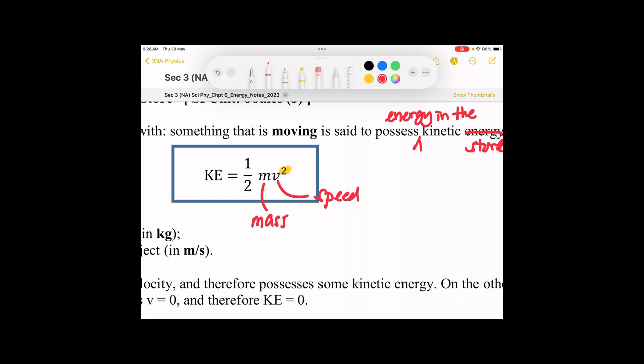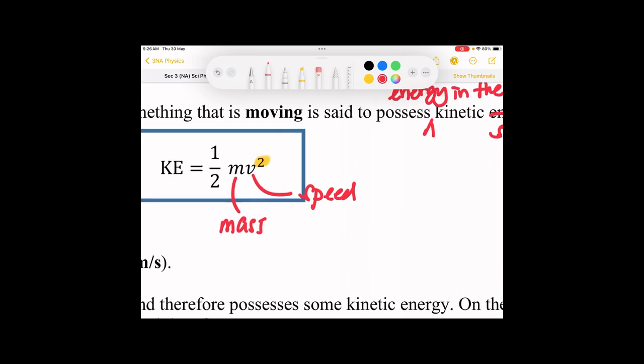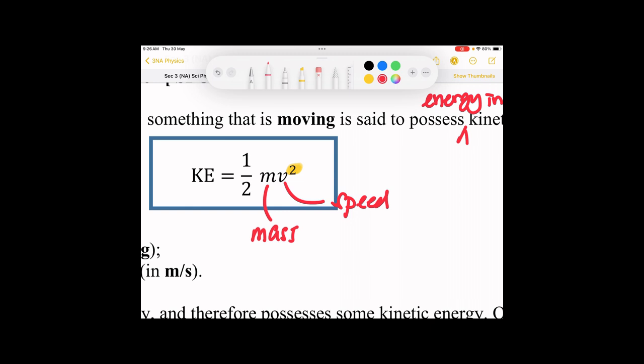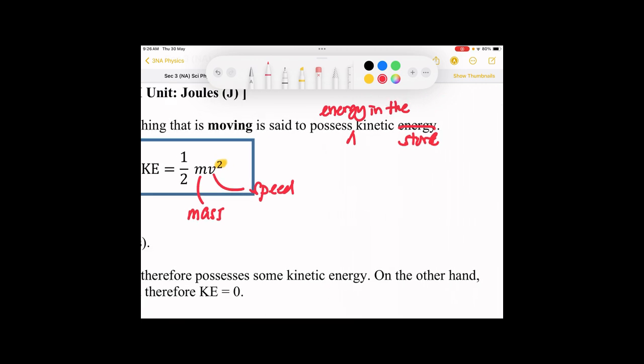We can give you the mass of the object and ask you to find the speed of the object. So of course, it is recommended that you play with the algebra itself to try to make v the subject. But if you really can't, not recommended, please, as much as possible, do not try to memorize this formula.